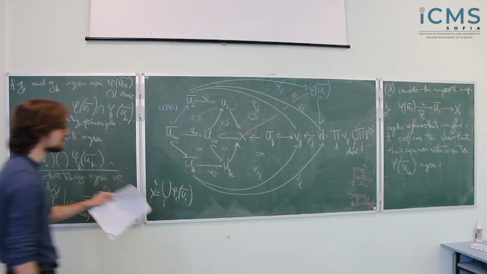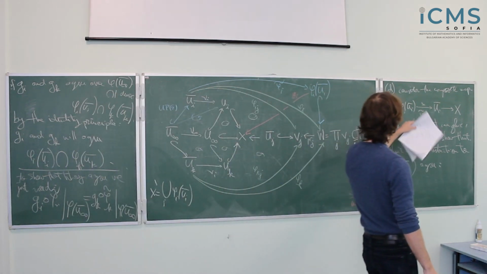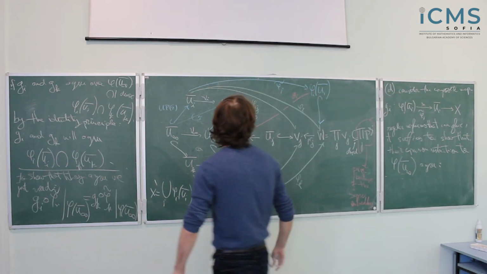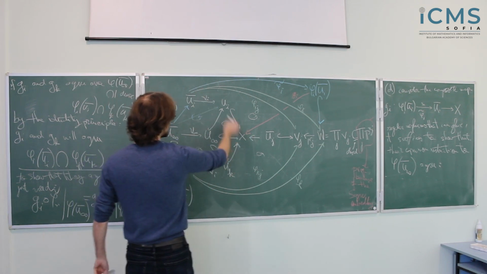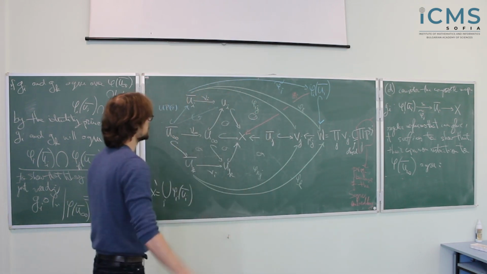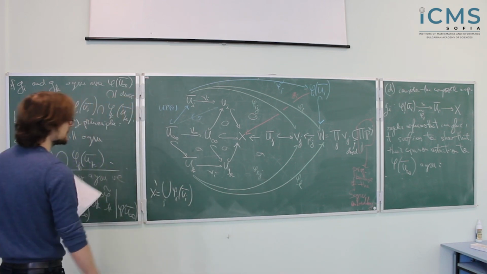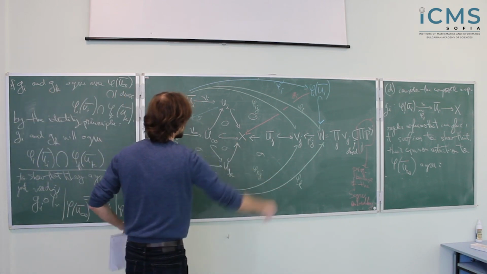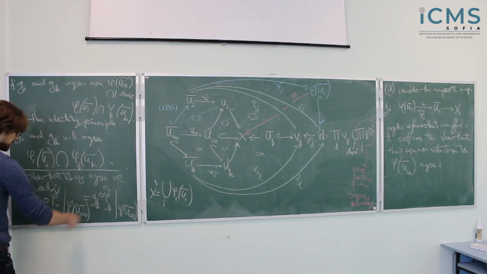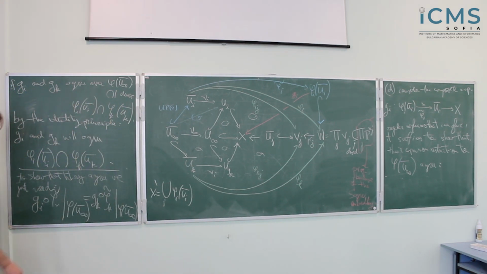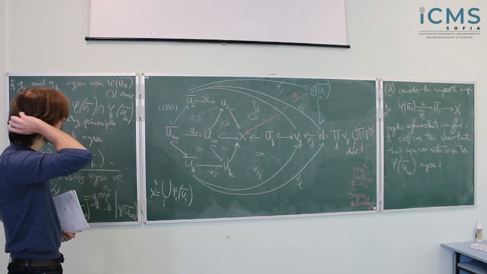So why does this suffice? Well, remember that this is an isomorphism, and that this triangle here is commutative, and the same thing on the other side. So if this is true, since phi tilde are isomorphisms, then they are true also for the Jis themselves.